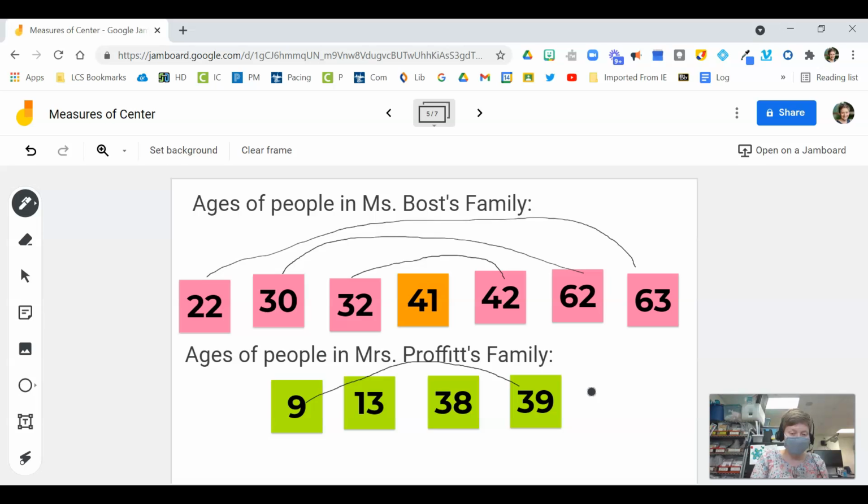So I'm going to do 13 plus 38, adding those 2 middle numbers, and I get 51. So 13 plus 38 is 51. And when I do 51 divided by 2 on my calculator, I get 25 and 5/10. So the median age of my family is 25 and 5/10.